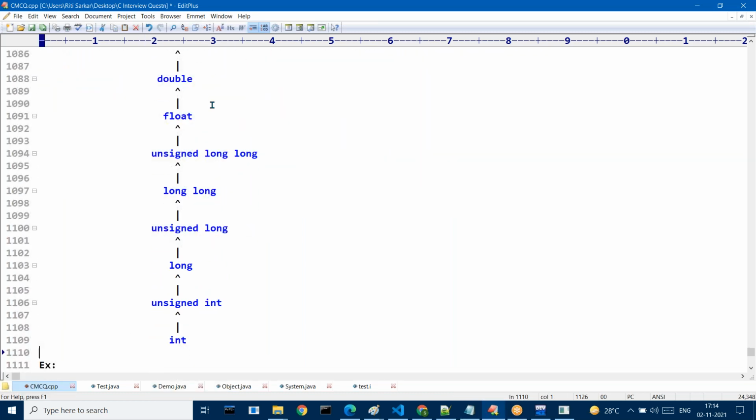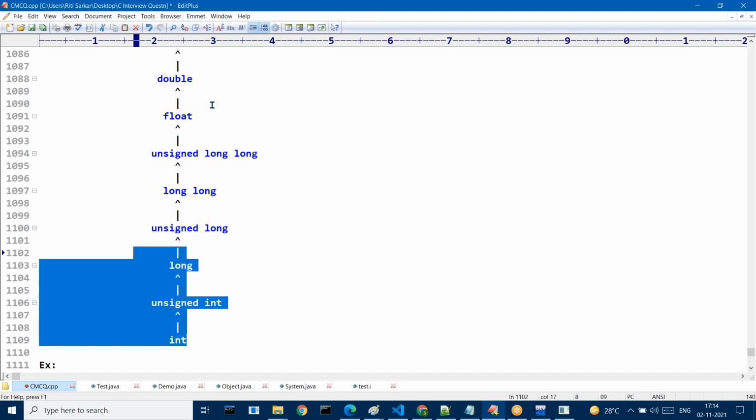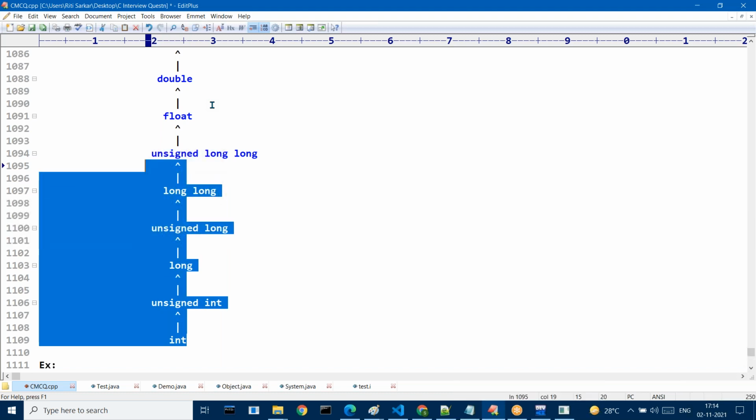After that, if the operands still have different types, go to the next level. Still different types, next level. So they are continuously converted to the upper type. Which upper type?